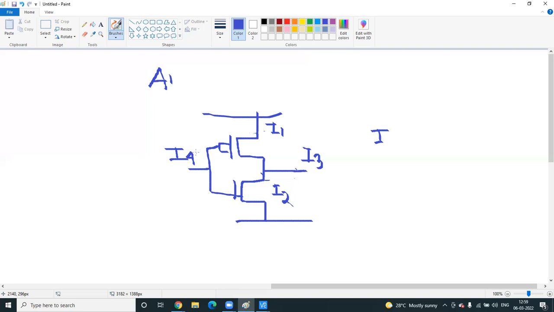I1, sir. I1 is not correct. So current I1, I1 plus I4? I1 and I2, yeah, I1 and I2 both will be.